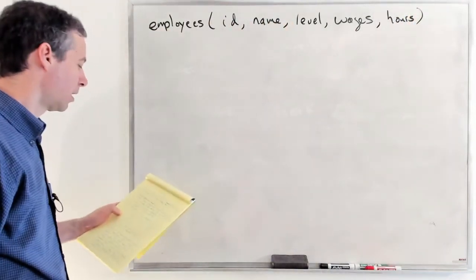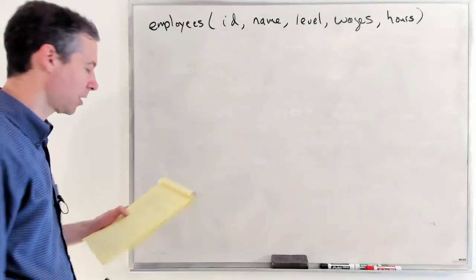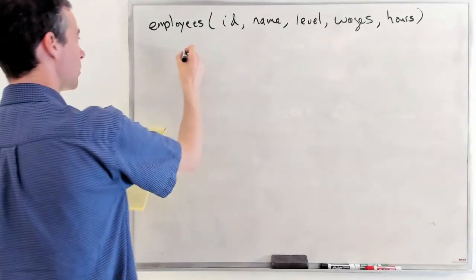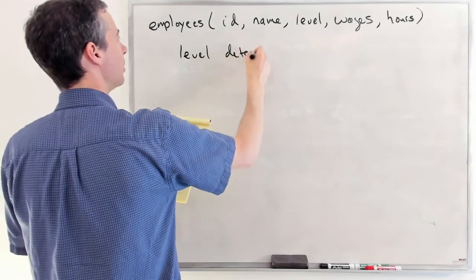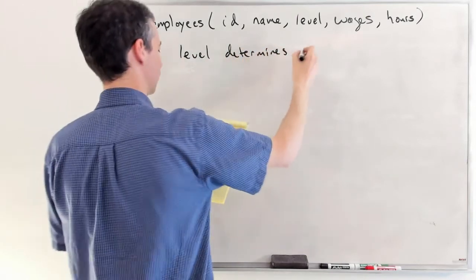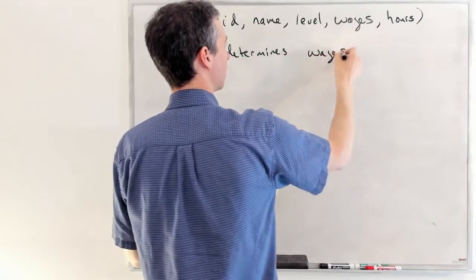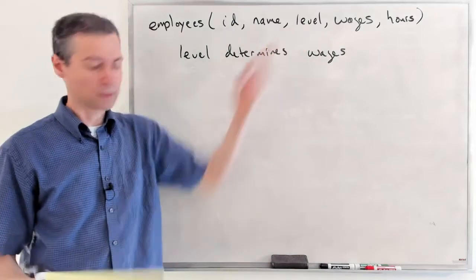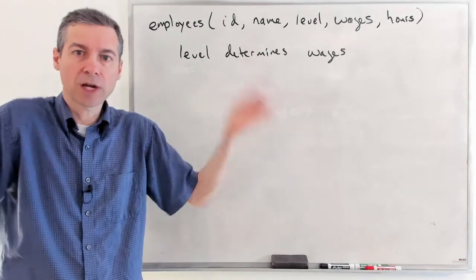All right. Where our ID here would be our primary key. Now, the thing that we have here is that level determines wages. So in this company that we're modeling, if you're a level 5, you're going to make $15 an hour.